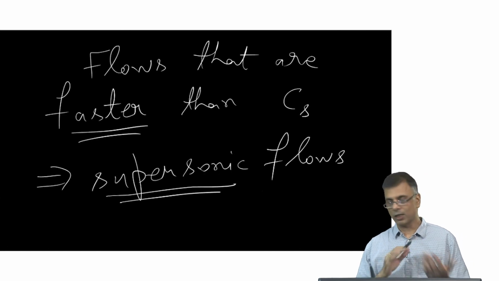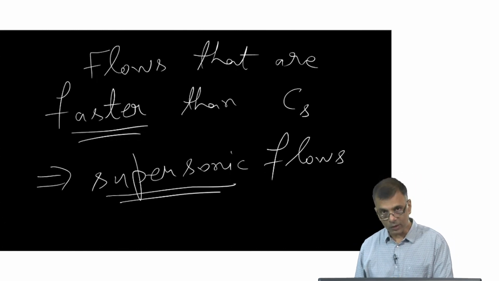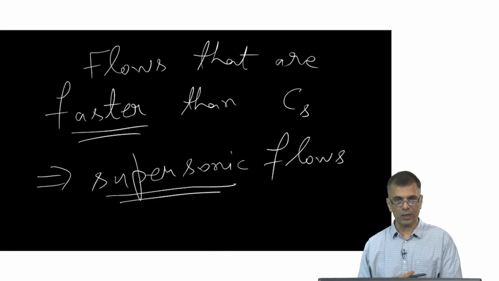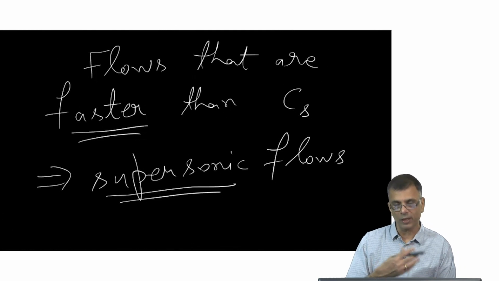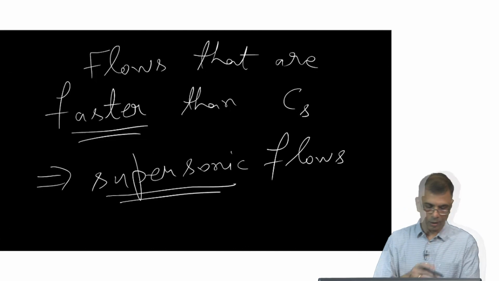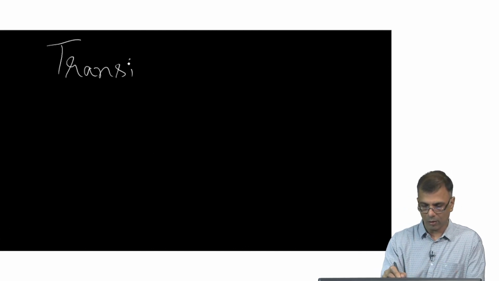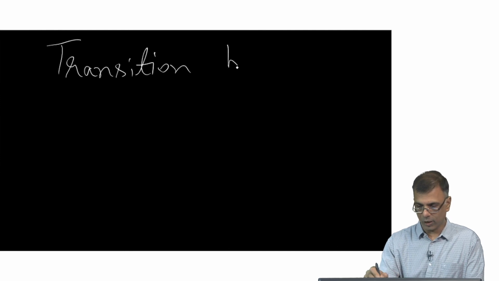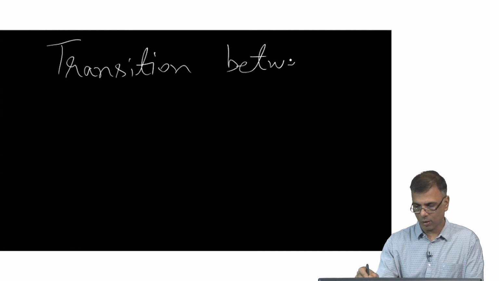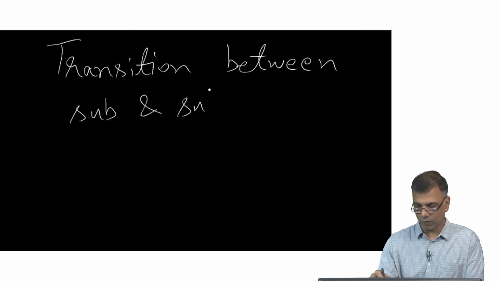They are very different in character, and we will also investigate this peculiar phenomenon where a flow can transition from subsonic to supersonic, and we call the transition between sub and supersonic flows transonic.